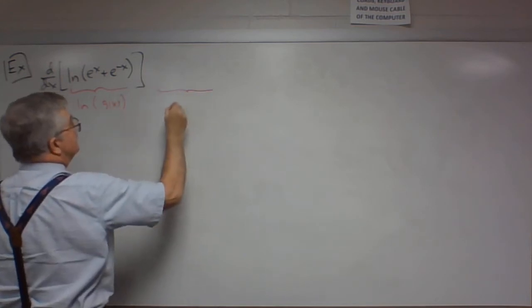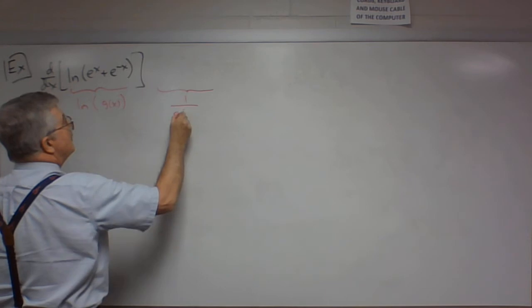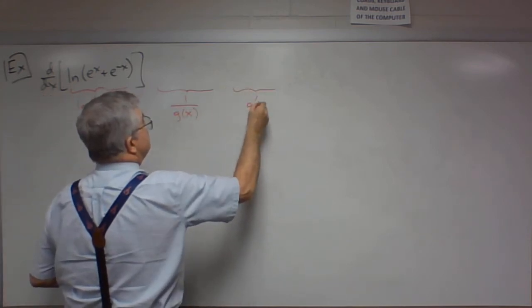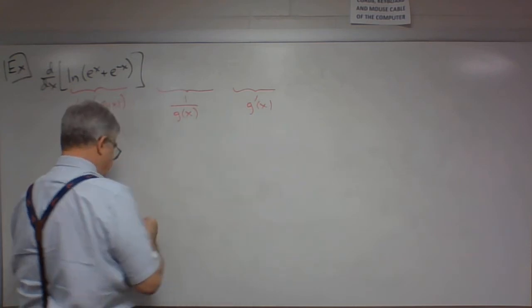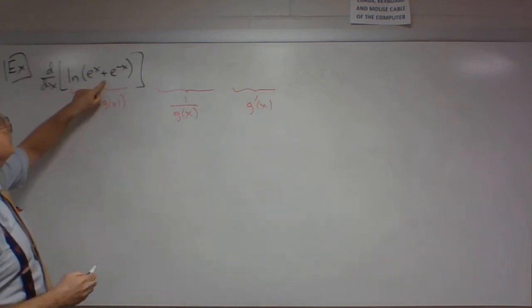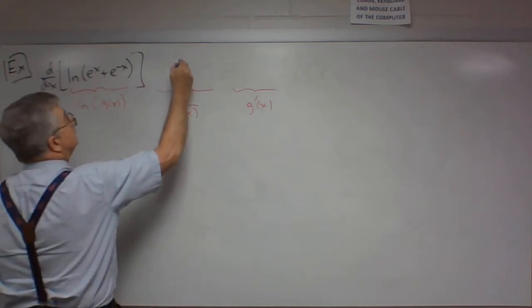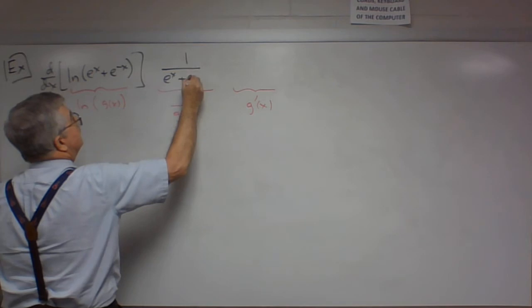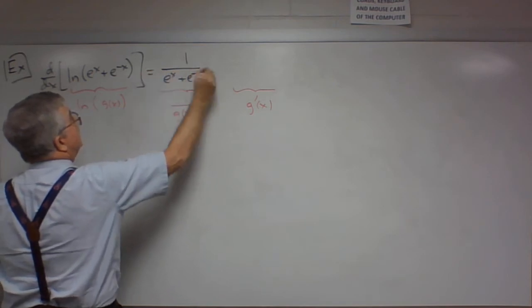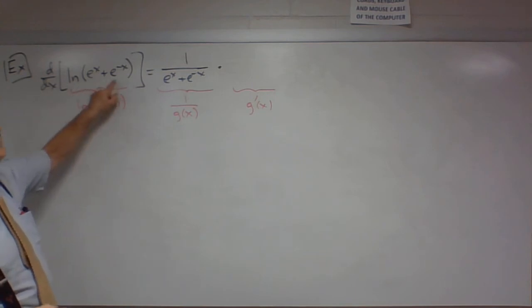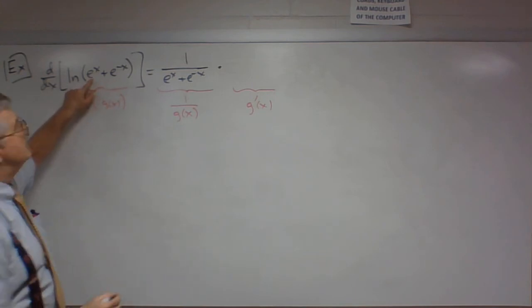We compute the derivative, so we should get 1 over that function times the derivative of that function. 1 over this piece of junk, times the derivative of this piece of junk.